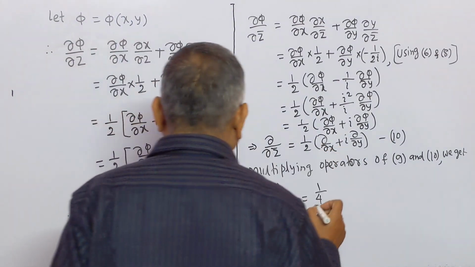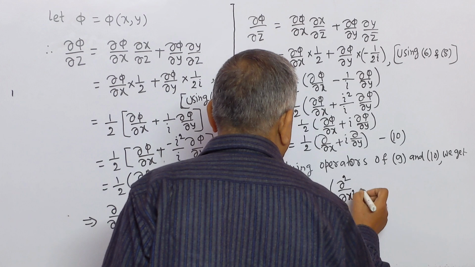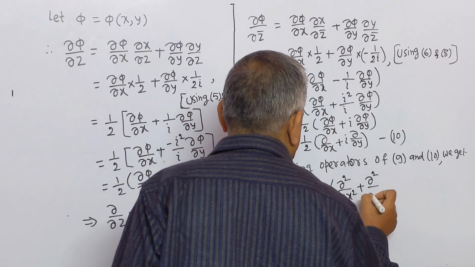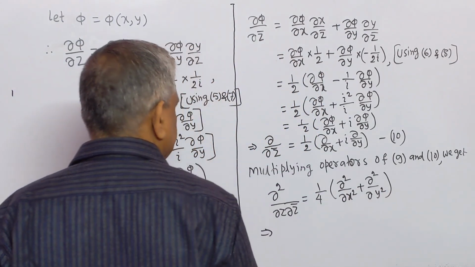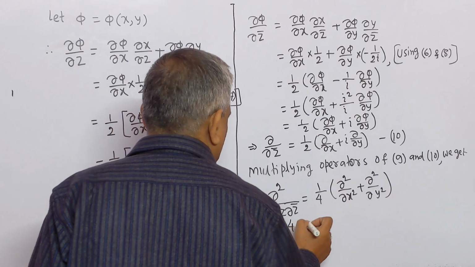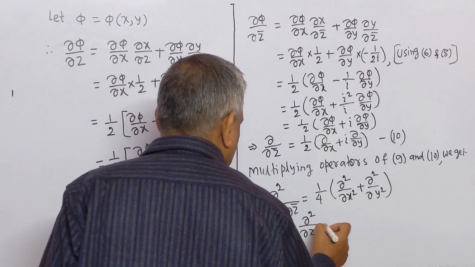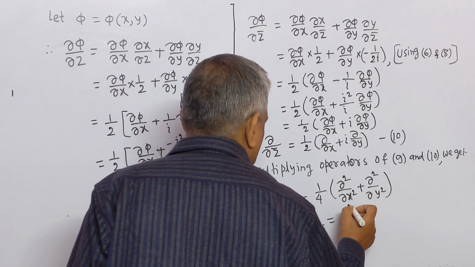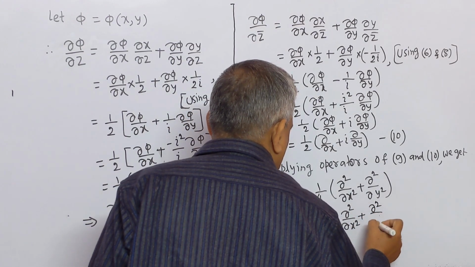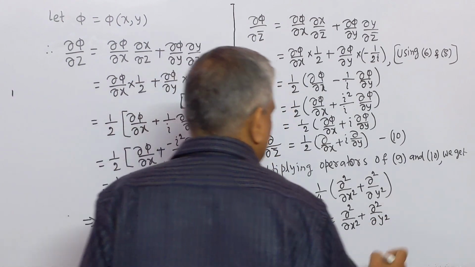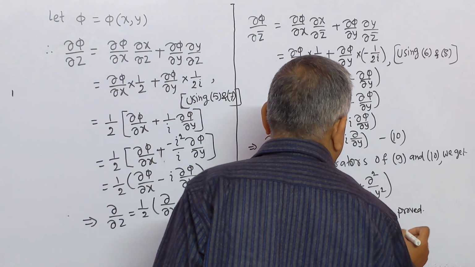Therefore, this will be equal to del 2 by del x square plus del 2 by del y square. Implies that 4 del 2 by del z del z bar equal to del 2 by del x square plus del 2 by del y square, and proved. This is number 11.